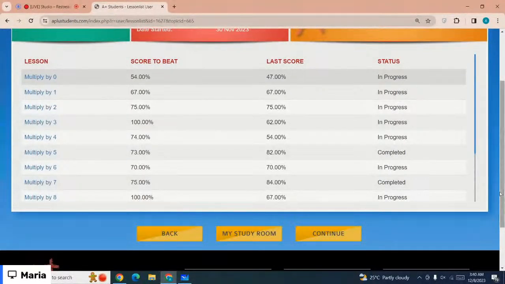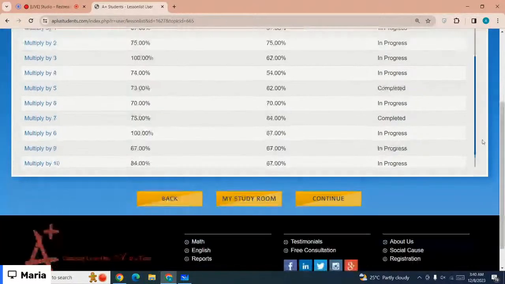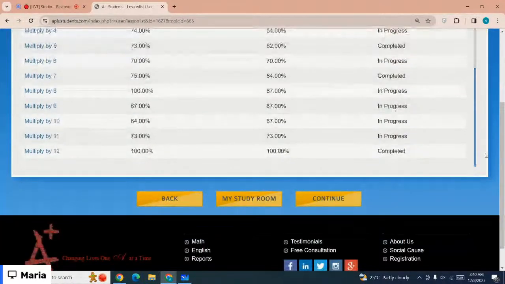The lessons we have covered today are multiply by 8, multiply by 9, multiply by 10, multiply by 11 and multiply by 12. I am coughing because I am having a throat infection.